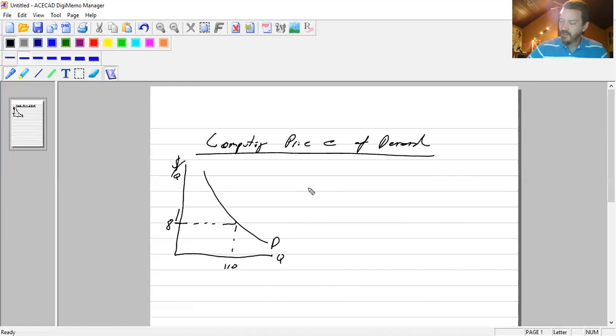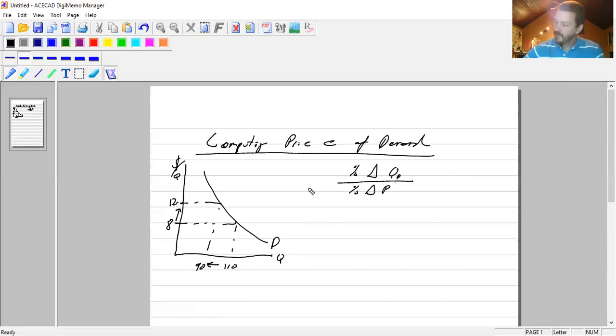Then suppose the price in this market rises to 12, and then the quantity demanded falls to 90. Okay, so our sets there are a price of 8 and a quantity of 110, and then a price of 12 and a quantity of 90. Well, we calculate elasticity as the percent change in quantity demanded relative to the percent change in price.